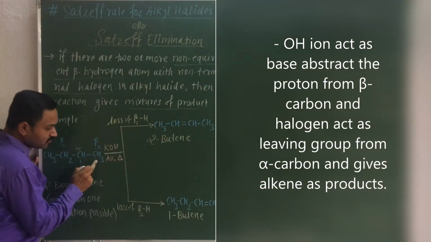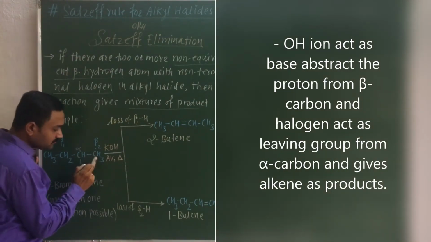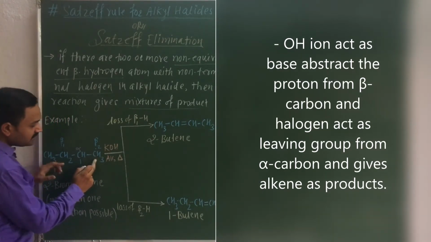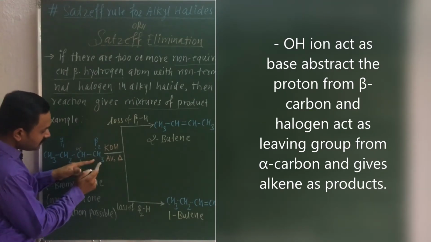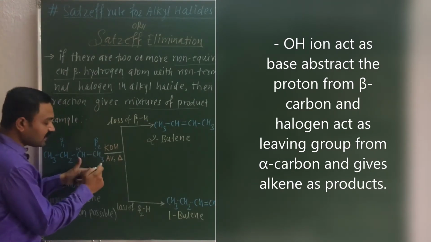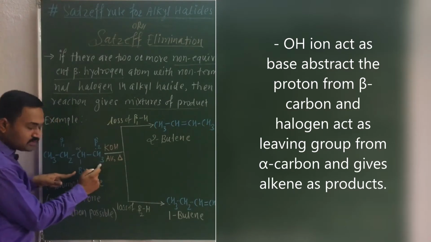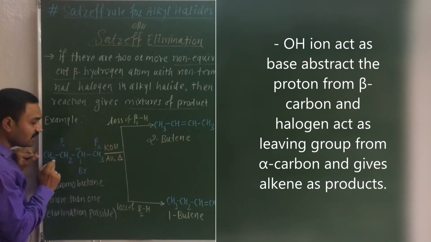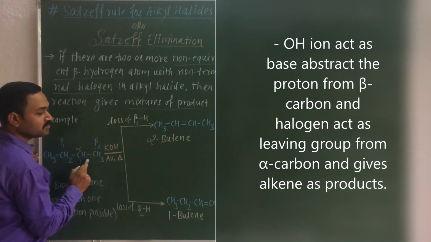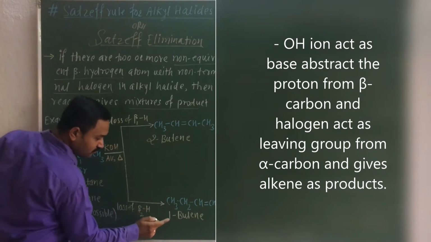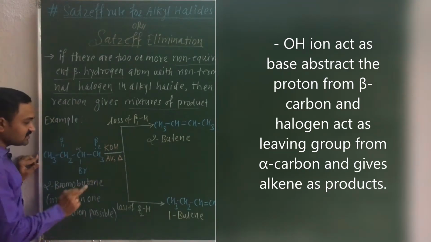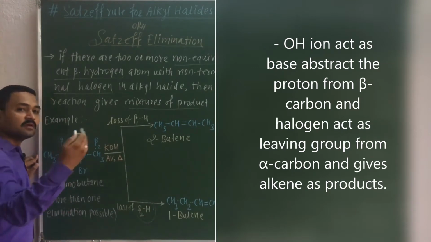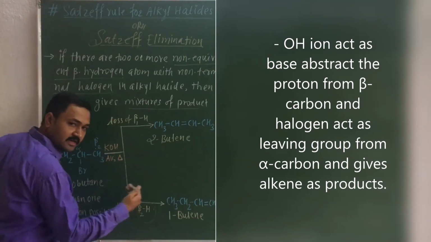If I remove the beta hydrogen atom from this carbon atom, you know that in elimination reactions the hydrogen atom from the beta carbon is removed along with the leaving group bromine, and a double bond forms. This leads to the formation of the first product, 1-butene. Here the beta hydrogen atom is eliminated.